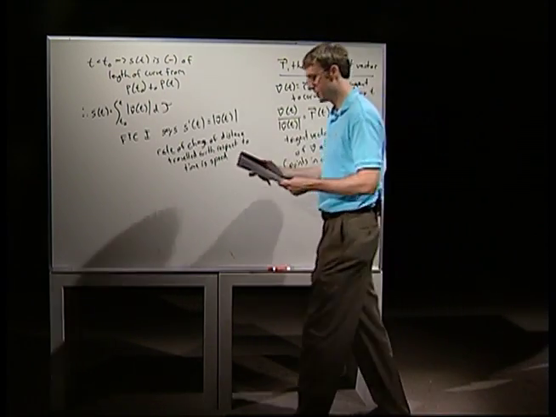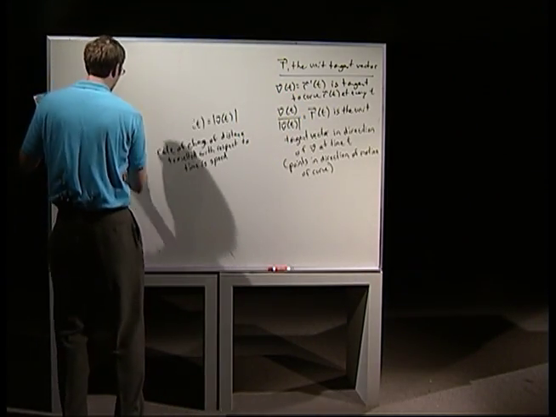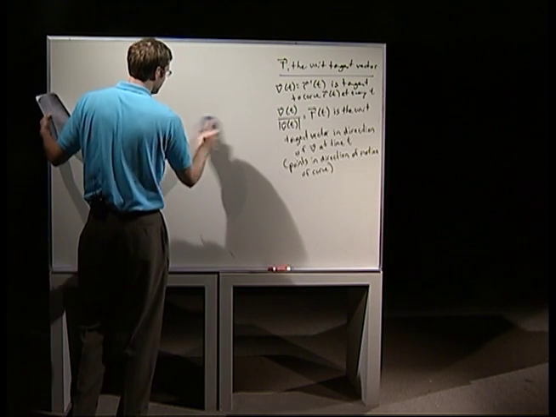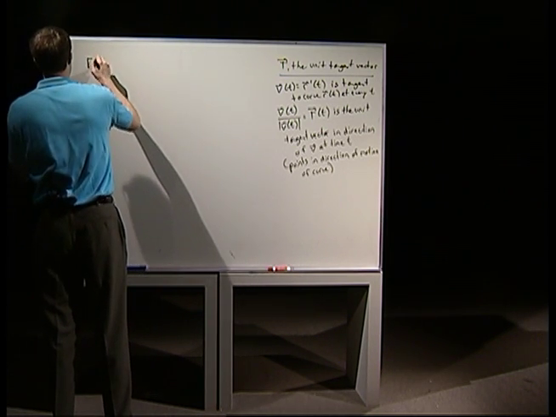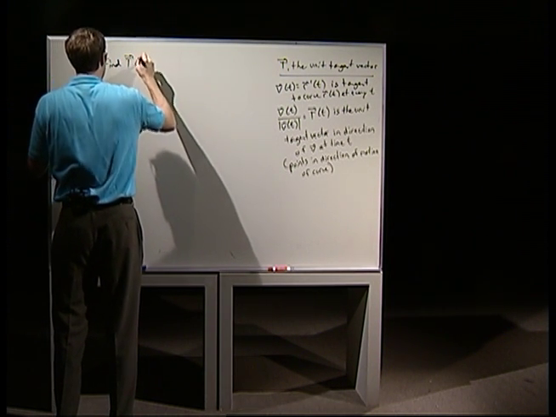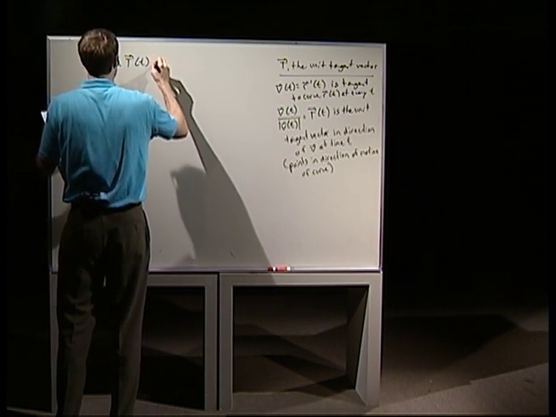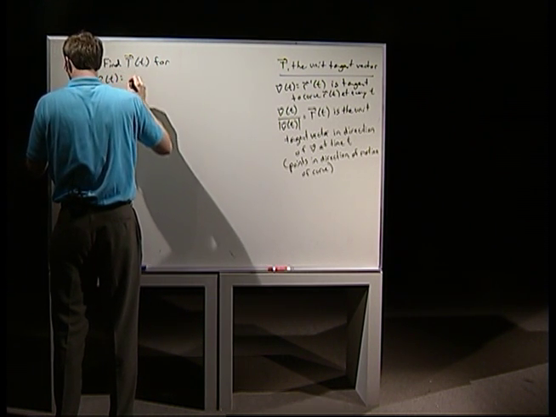All right, let's try a little example here. Again, it's a little hard to see how this works yet because we don't have the other 2 vectors that make up the frame, but we will see. So let's find T of t for our particle in the previous example.